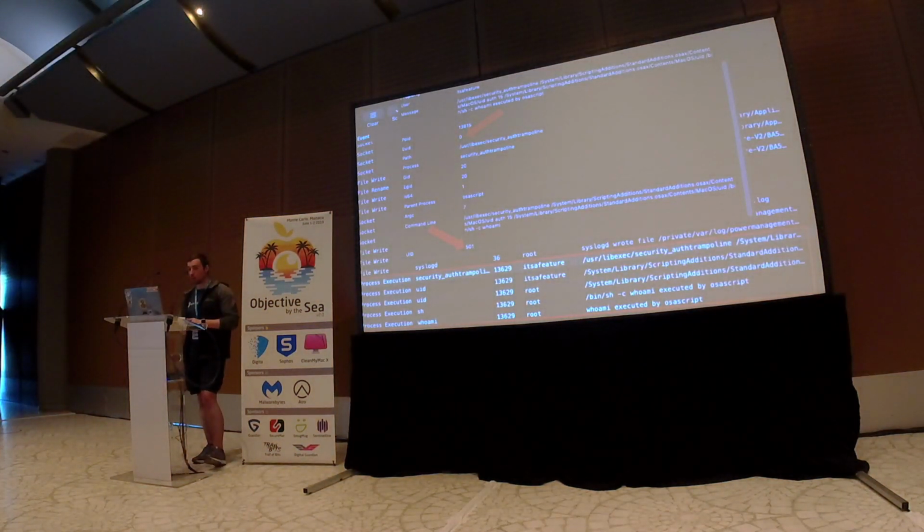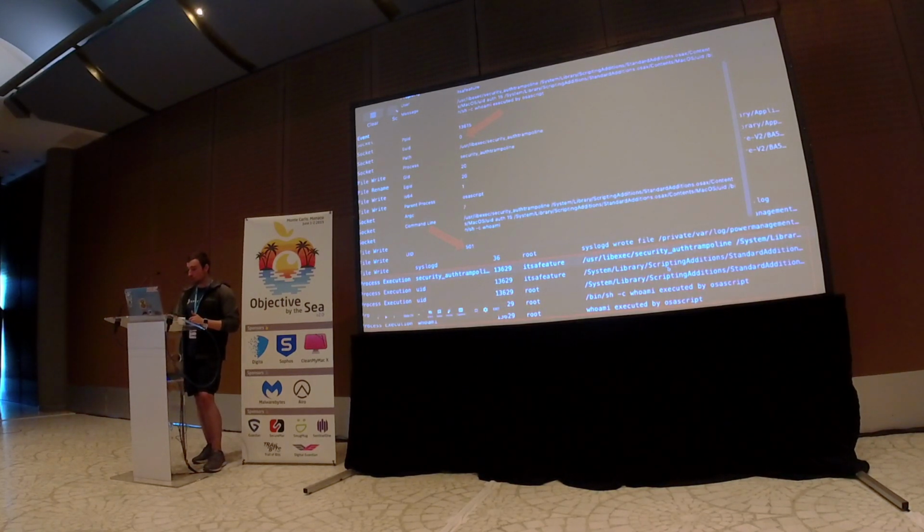So here's an example of what it looks like. This is using monitor from FireEye Mandiant. You can see here I was just doing who am I, and you can see what you would expect, the mismatch, as I'm trying to do things as root. And you can see down here at the bottom, my user went through, and you can see the security agent trampoline.